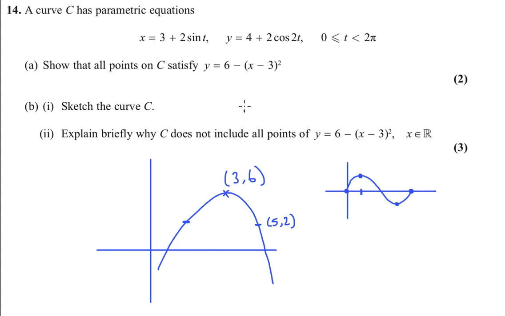When we substitute 1 into here, we're going to have 1 minus 3 is negative 2 squared, which is still going to be 4. So 6 minus 4 is going to be 2 again. So that coordinate is going to be 1, 2. So actually, the bit of the graph that we have available to us, or that C is actually just that.